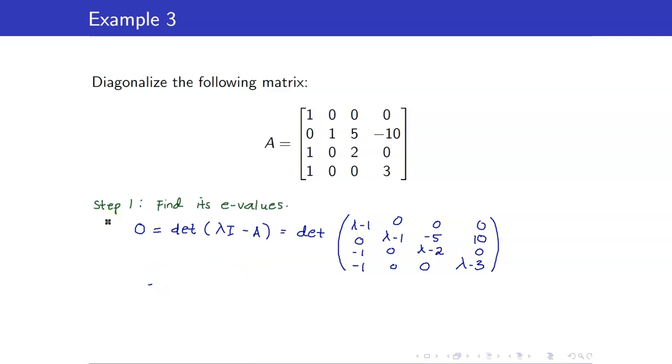This is now equal to lambda minus 1 times the determinant of, delete this and this.